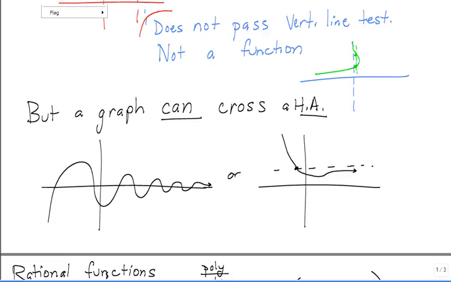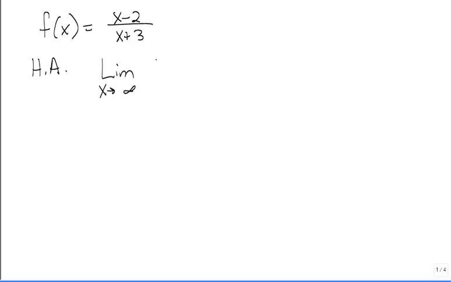All right, let's try an example. Let's say f of x is x minus 2 over x plus 3. Let's find the horizontal asymptote. So we take the limit as x approaches infinity, and the highest power of x is x, so we divide everything by x.